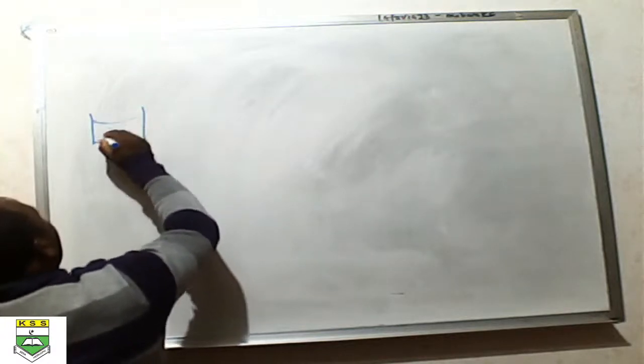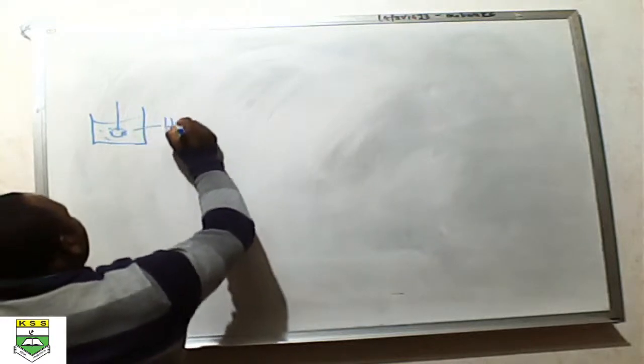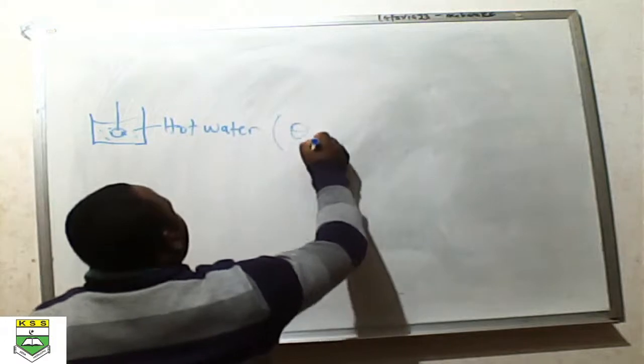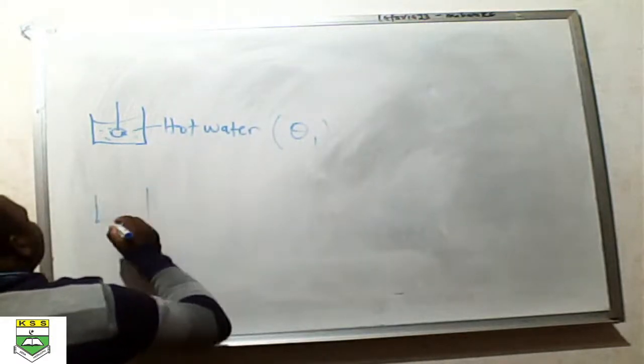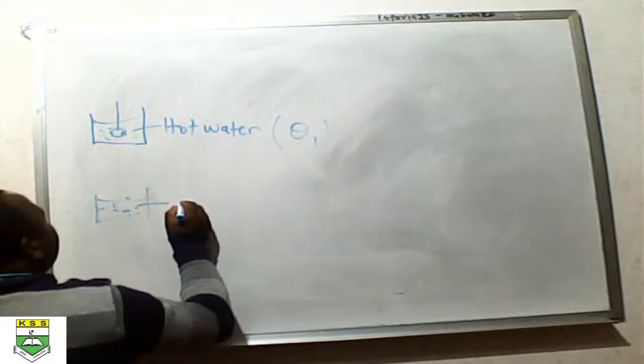So basically, when you heat something like a solid in hot water, this is the hot water, and we shall always consider its temperature to be θ1. Then you transfer it to a cold liquid.